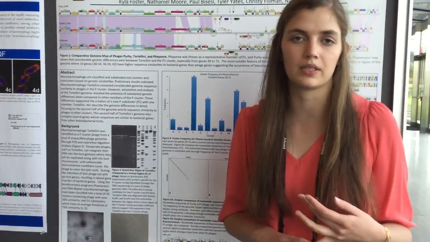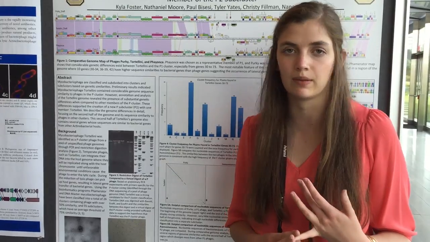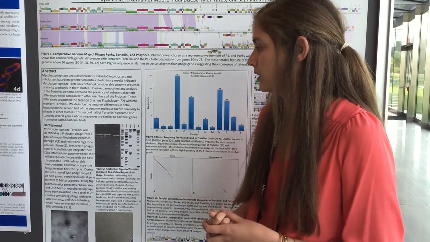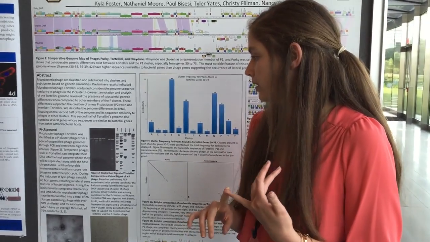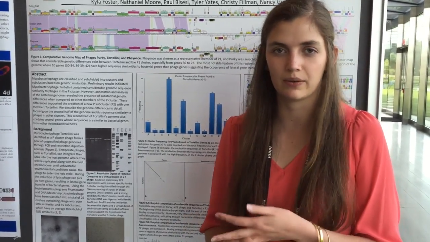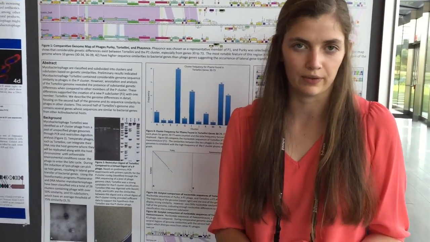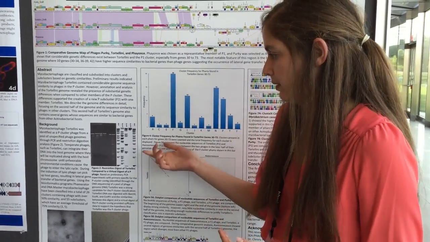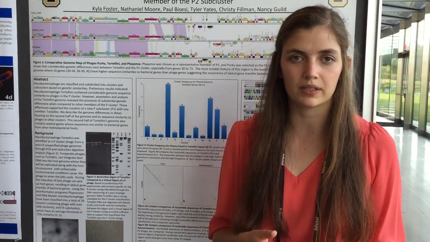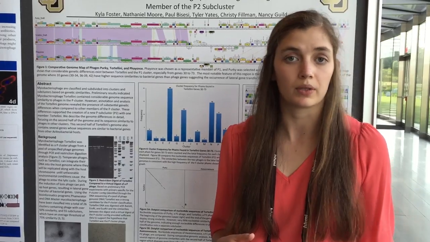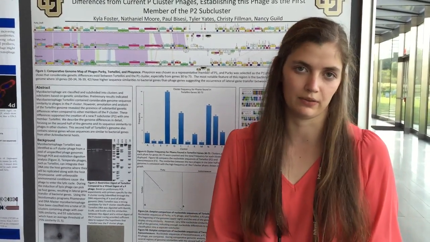In particular, you notice that they used EcoRV, which is not one of your standard restriction enzymes for the restriction digest procedure, but they used it because they knew what it would cut for a P cluster phage and what it would cut for an F cluster phage, and more importantly, they knew that those cuts were very different. So when they ran the experiment, they saw that the cuts made by EcoRV were consistent with the P cluster, and therefore we were finally able to establish tortellini as a P cluster phage.